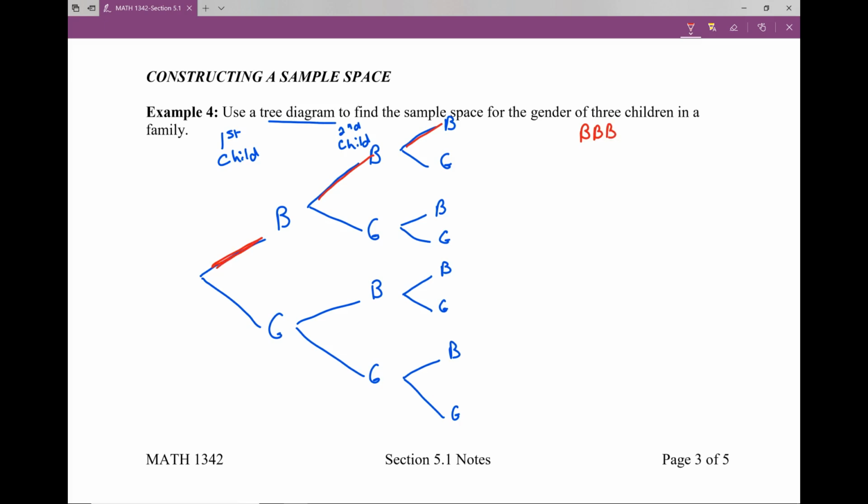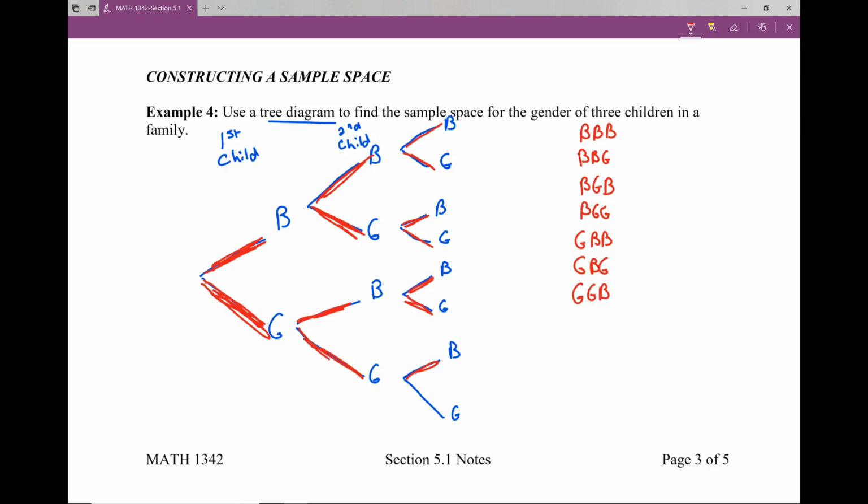Whenever I want to actually construct the sample space, what I'm going to do is follow each one of these lines. So my first possible outcome is to have 3 boys. My second possible outcome is to have 2 boys and then a girl. My third is to have a boy, a girl, and then a boy. I could have a boy, a girl, and then a girl. I could have a girl and then 2 boys. So a girl, boy, boy. I could have a girl, a boy, and then a girl. So a girl, boy, girl. Or I could have a girl, girl, and boy.